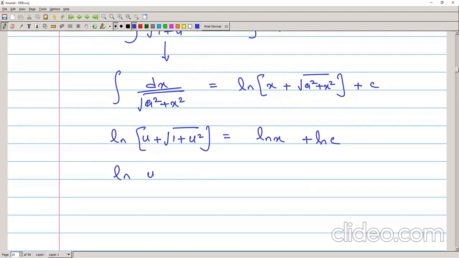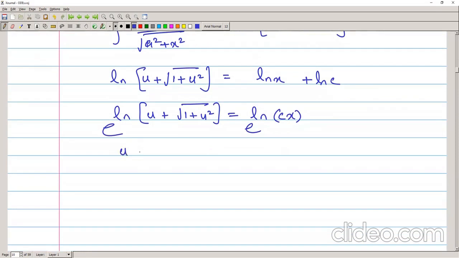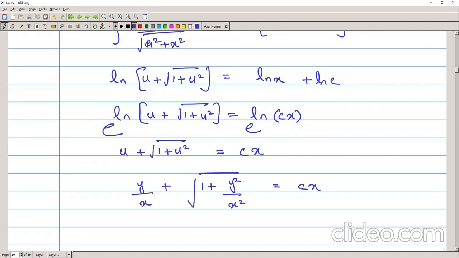Now again, using the properties of logarithm, we can just manipulate this function. So it will be ln cx. Now we can raise both sides to the exponential to cancel out this ln. So we're left with u plus the square root of 1 plus u squared is equal to c times x. Now this u is equal to y over x plus the square root of 1 plus y squared over x squared is equal to cx.